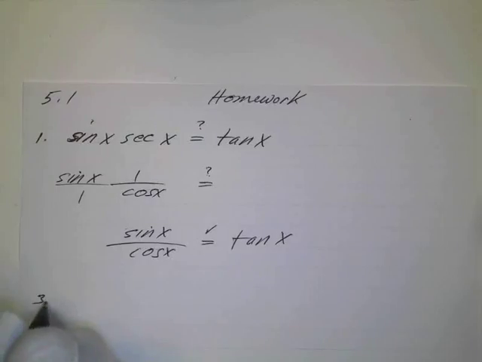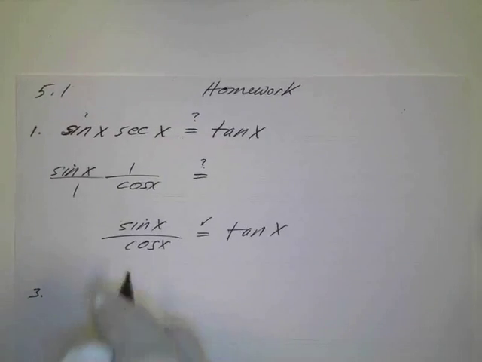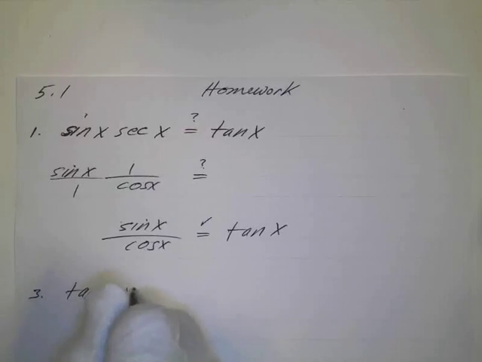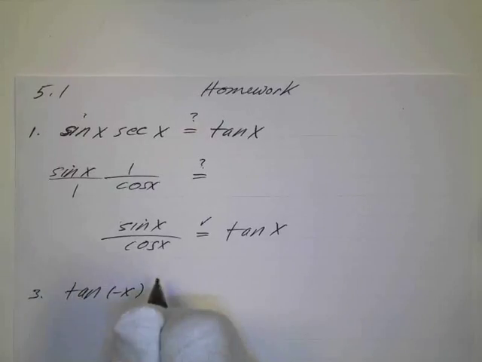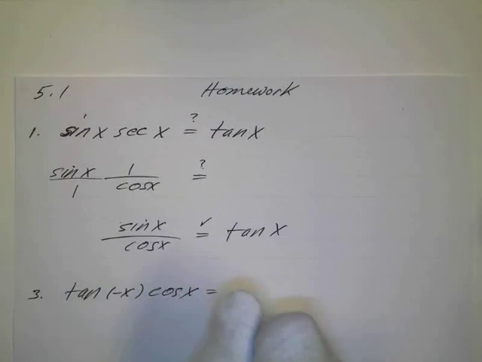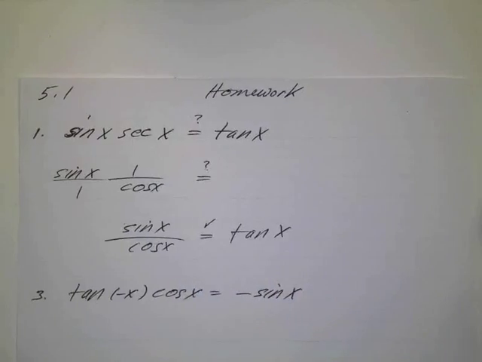Okay, let's take a look at number 3 on your homework. And this is the tangent of negative x times the cosine of x equals negative the sine of x. Now this is where we can use those odd-even functions.